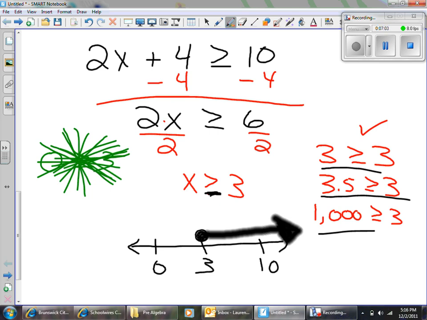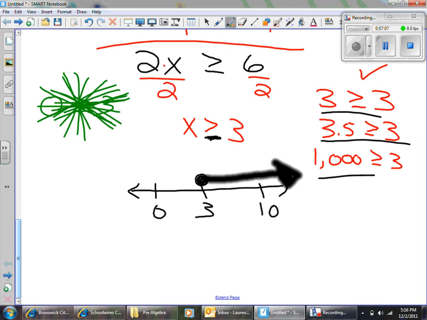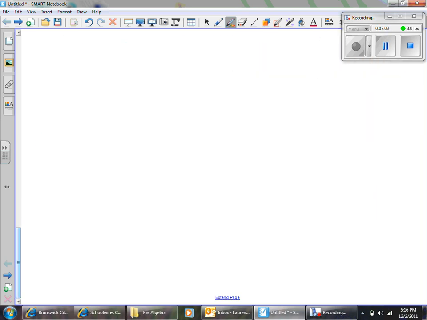Okay, so let's look at another example. Now this one's a very special case. Something very special is going to happen in this case. Let's take negative 5x plus 7, and we will make that less than or equal to negative 23.